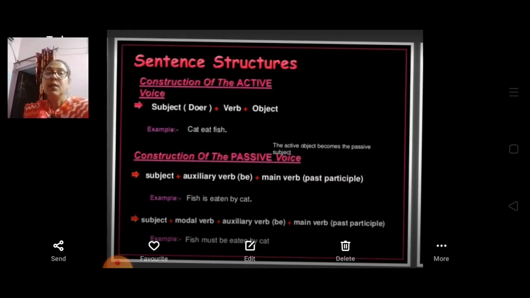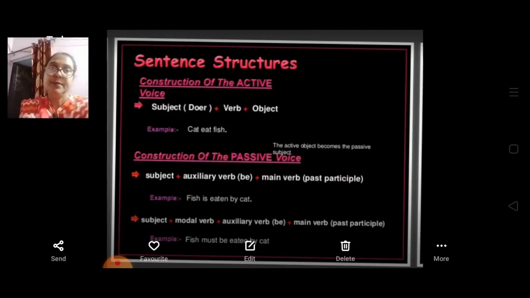For example, fish is eaten by cat. Here you can see subject, modal with auxiliary verb be, and main verb in past participle. So always remember, whenever we are changing active to passive, the object of the verb in the active voice becomes the subject in the passive voice.